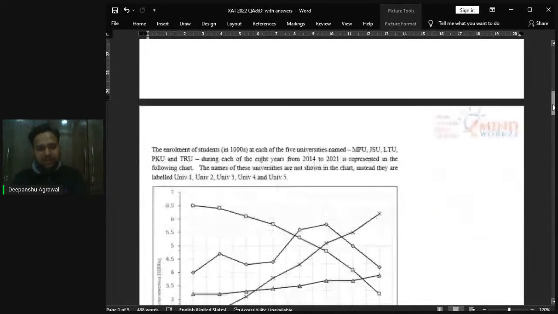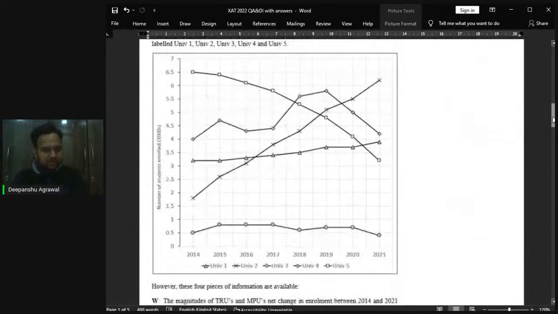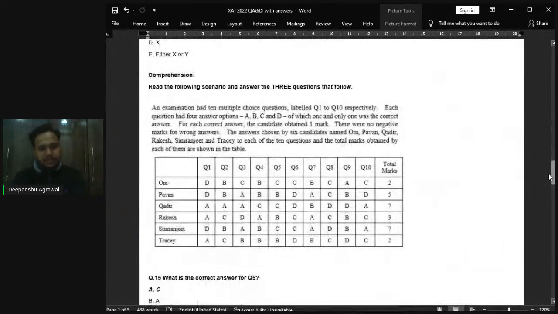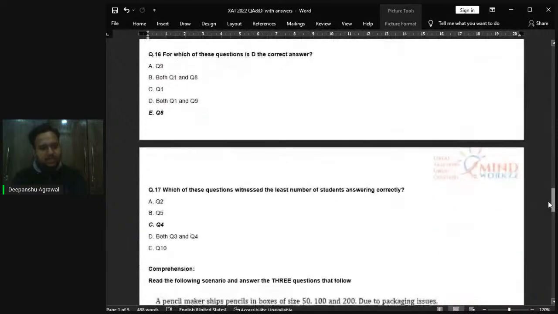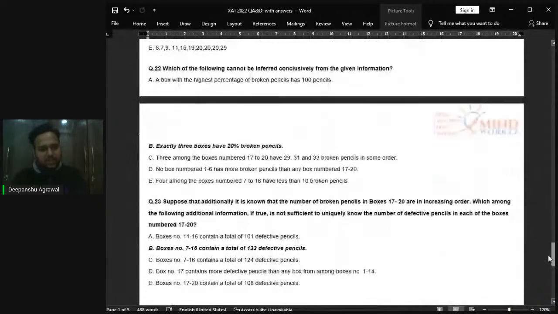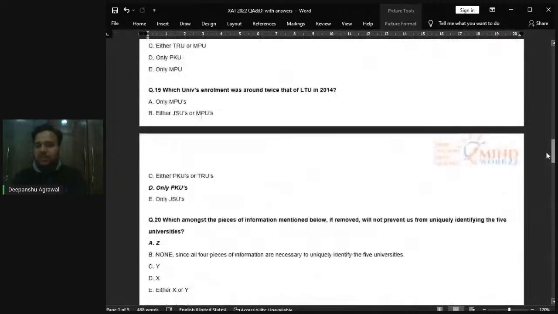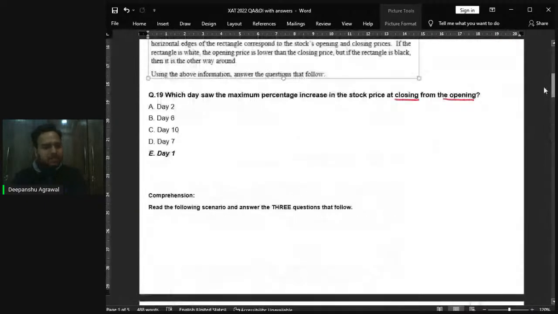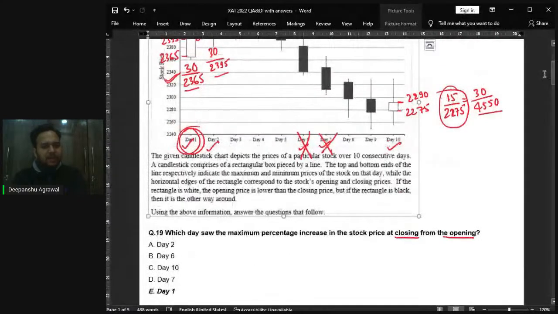So, we have this DI set remaining, which has 3 questions, this DI set, which has 3 questions, and this DI set, which has 3 questions again, right? So, we have 9 questions of data interpretation remaining, and we will end this data interpretation tomorrow or in the next session, whenever it will be.